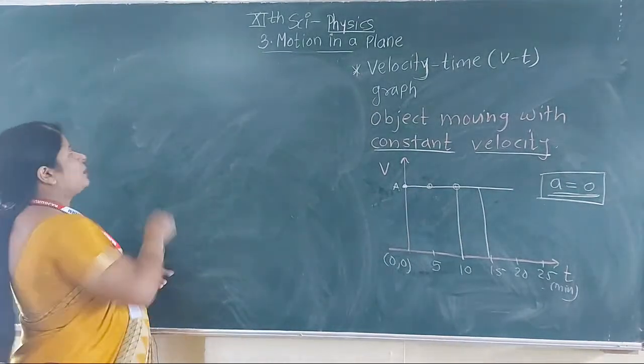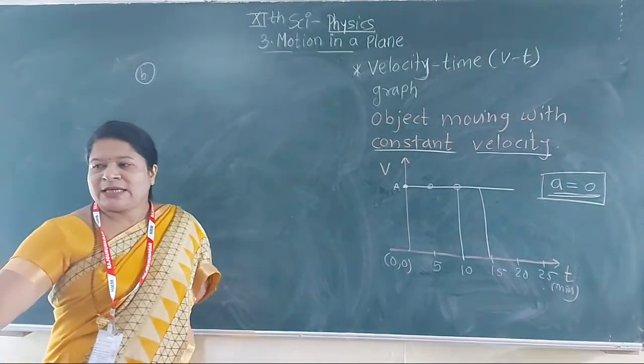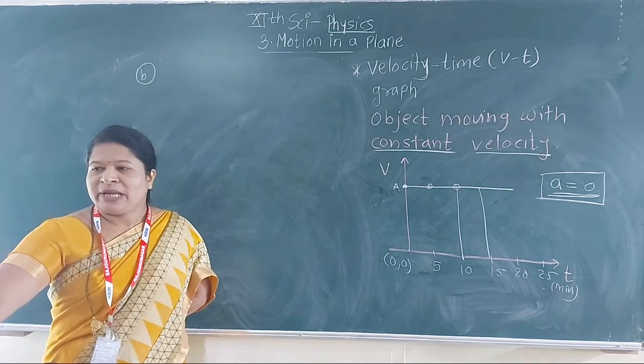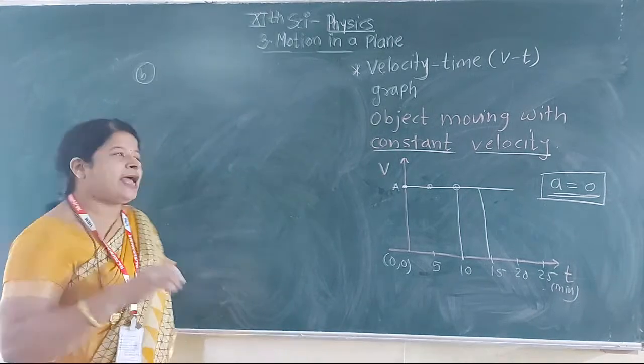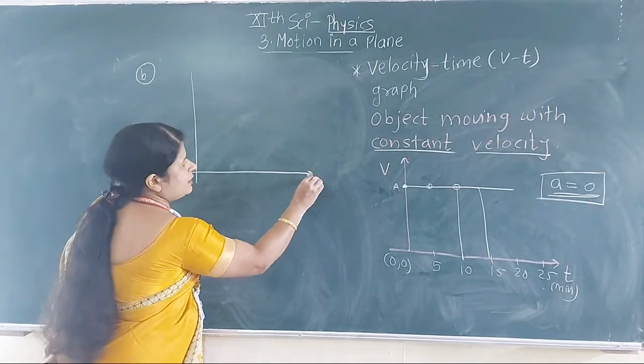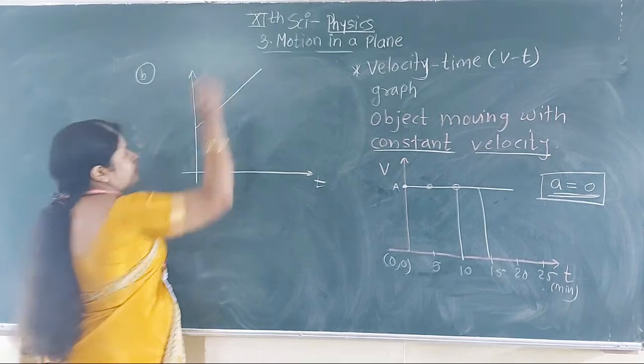Point B, that is an object with acceleration along the same direction. For that we get the graph nature like this.